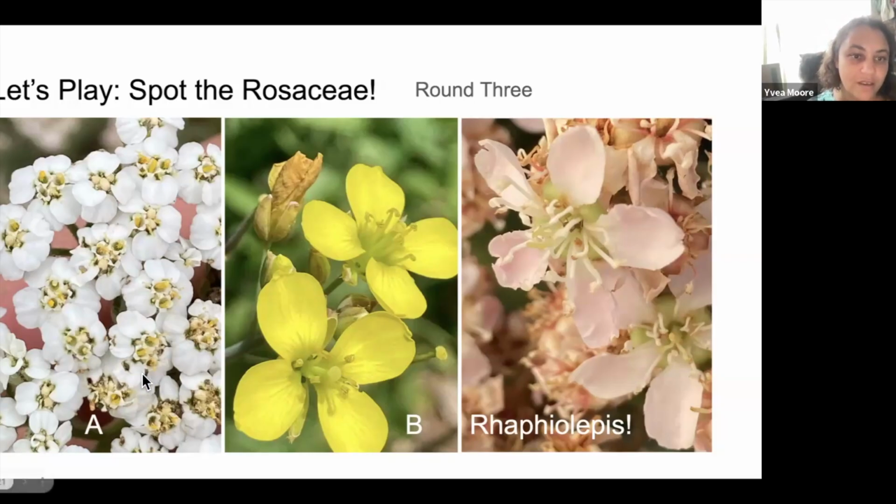A little bit more tricky. What tells us that A is not Rosaceae? The stamens. It's got compound flowers. There's each little pistil that we see is surrounded by a bunch of petals. That's actually a whole flower all on its own. Yes, this one's tricky. So yep, a combination of the stamens not quite coming out from the same place.